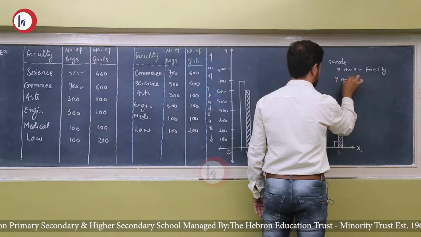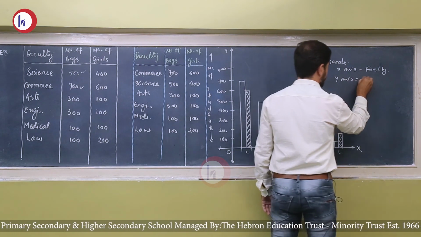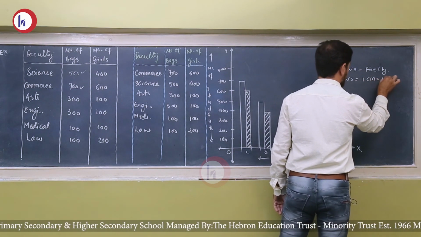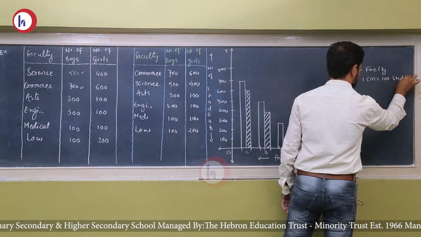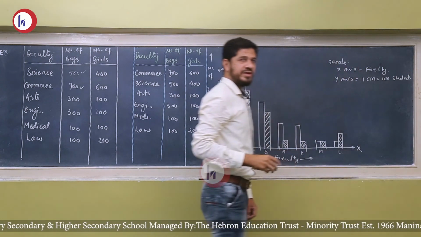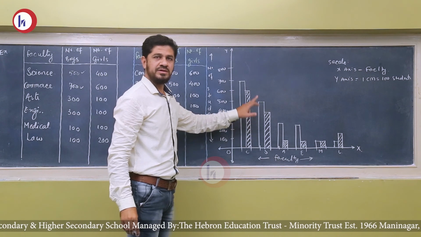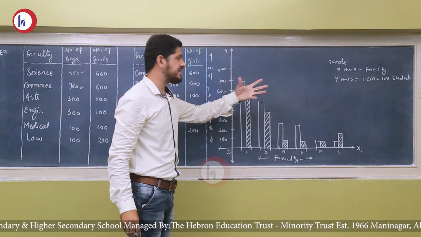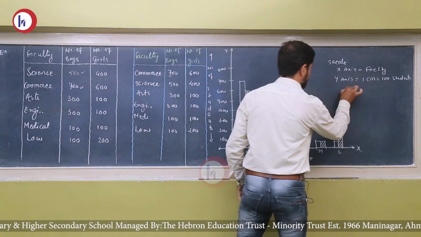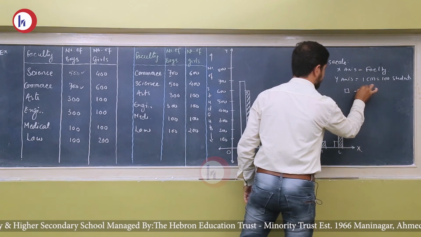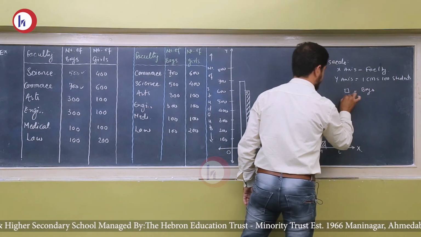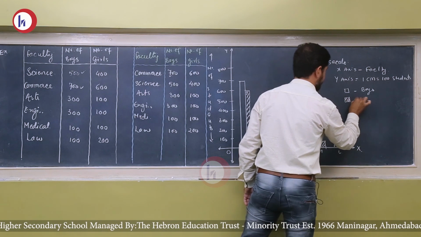On the y-axis, 1 centimeter is equal to 100 students. And finally, if we have two different designs, represent them also on the right side of the graph. So the blank box is for boys, and the design block is for girls.